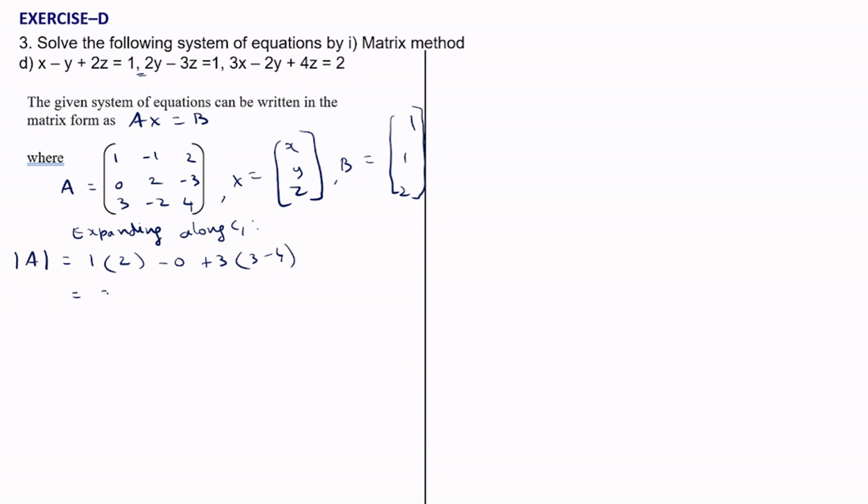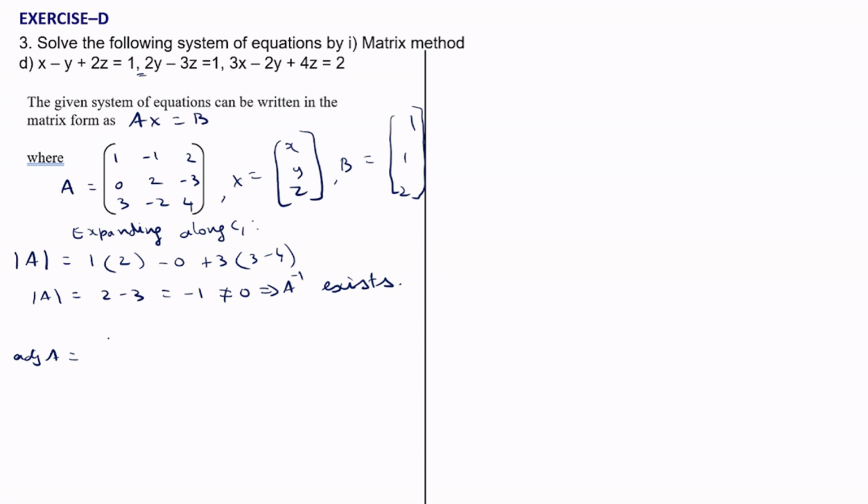So this is 2 minus 3, which is equal to minus 1, not equal to 0. So the determinant of A equal to minus 1, not equal to 0, implies A inverse exists. Now let us find the adjoint of A.